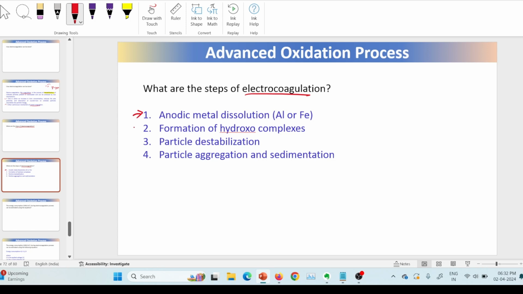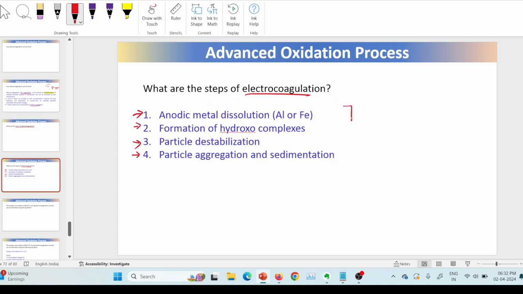Then formation of hydroxo complexes. Third is particle destabilization. Fourth is particle aggregation and sedimentation.